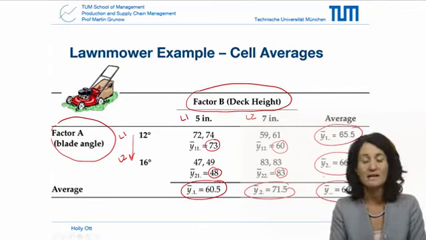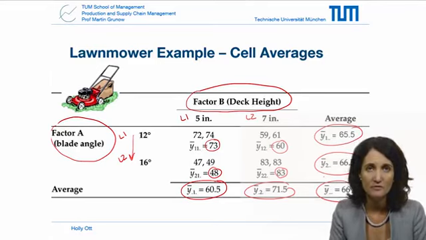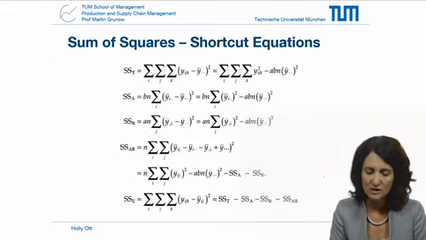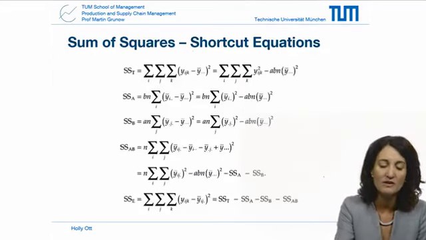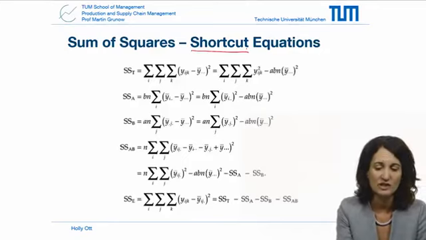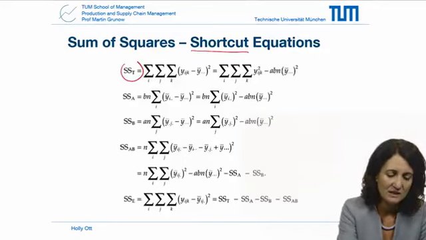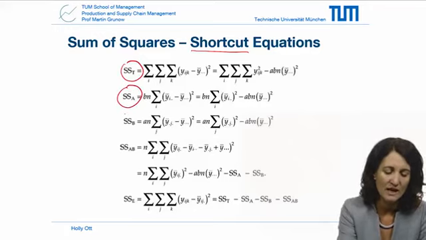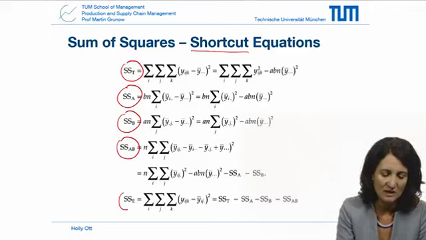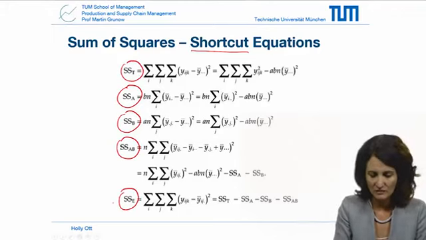So going into our fixed effect model, and again, not expecting you to be doing this unless you want to prove to yourself that this works, here I've given you the shortcut equations to make this a little easier. We would calculate the sum of squares total, the sum of squares due to factor A, the sum of squares due to factor B, the sum of squares due to AB, and the sum of squares due to the error.